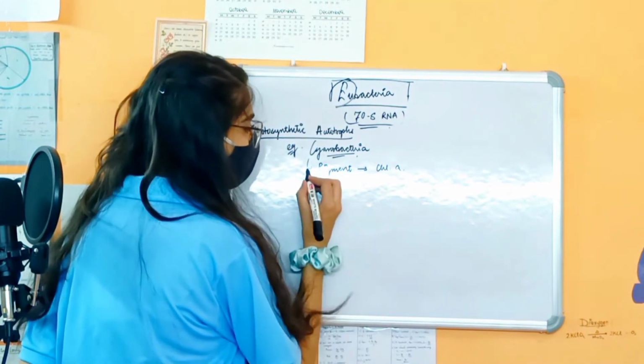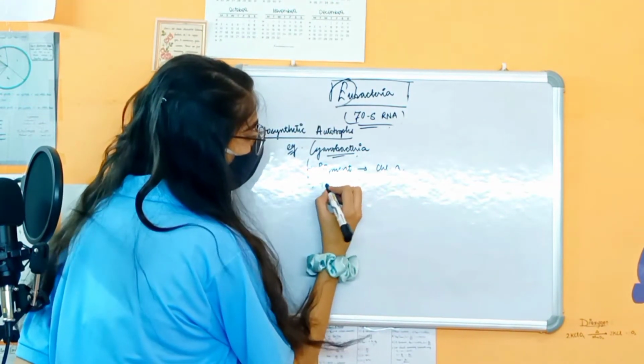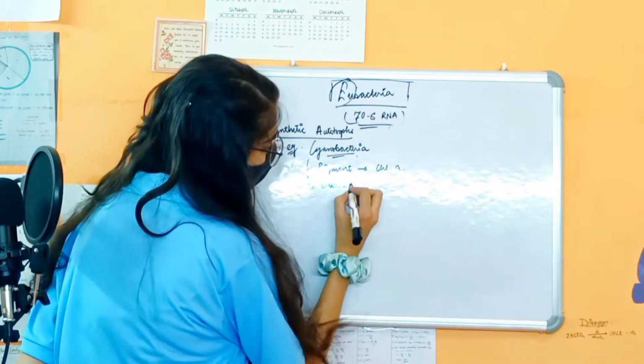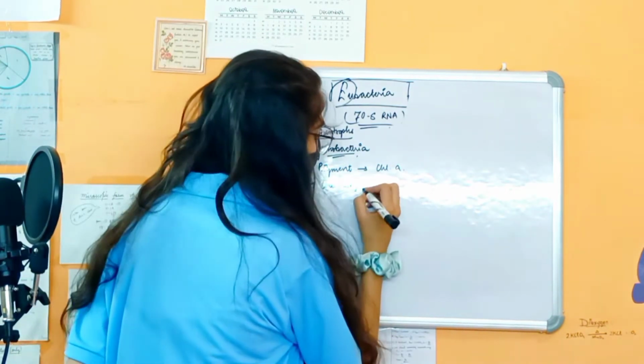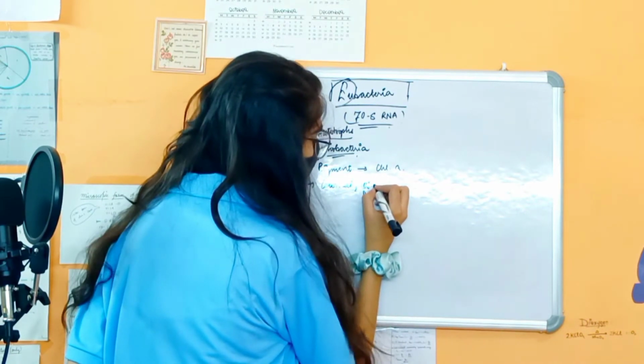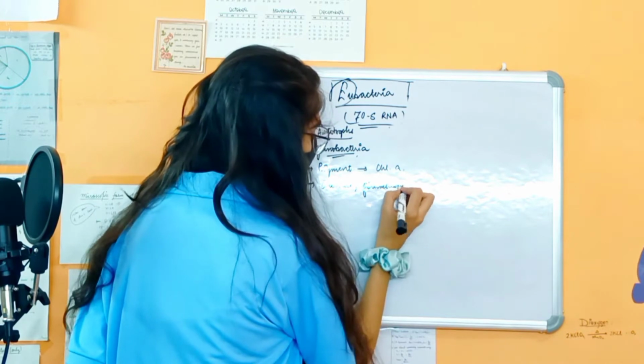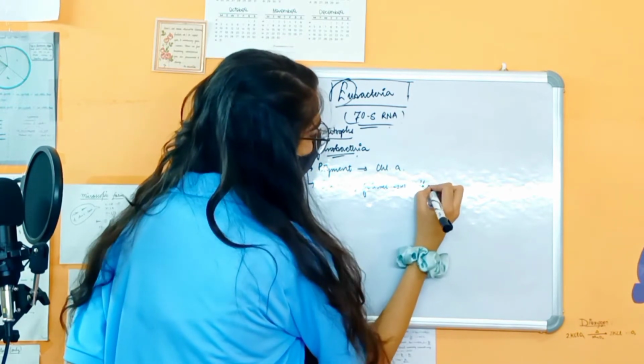Next, they can be colonial. They can form colonies, or filaments, or they can be unicellular also.